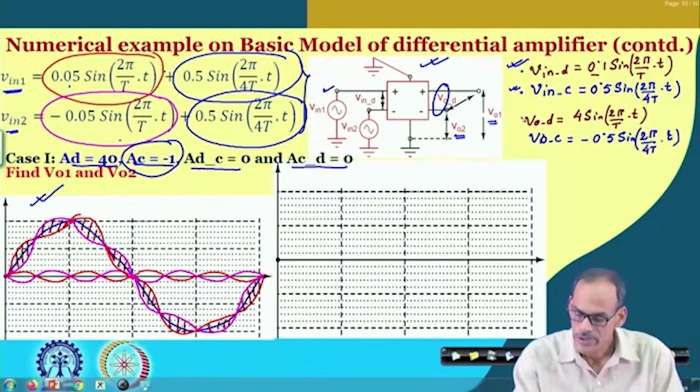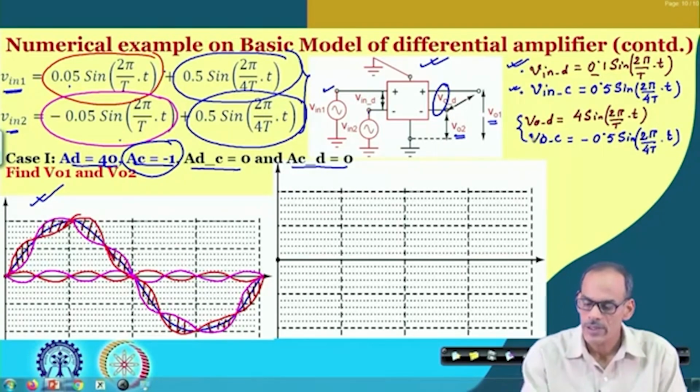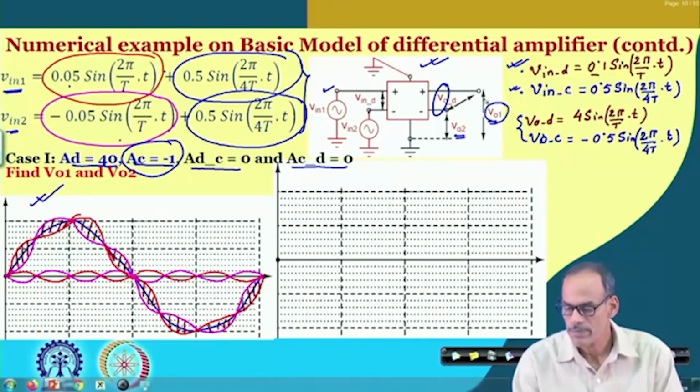Now, if I combine these two, we can get the individual signal, namely VO1. So, let me write the VO1 part first.